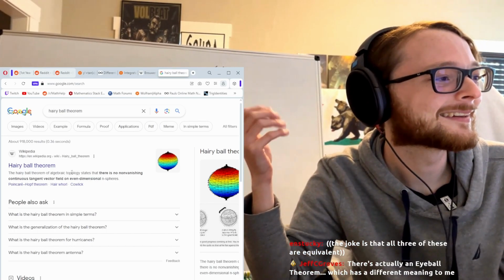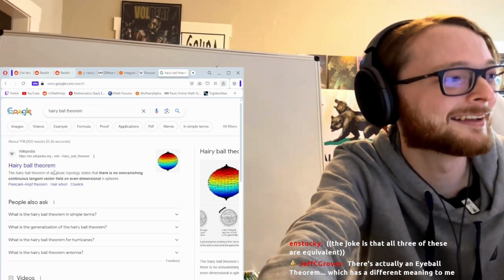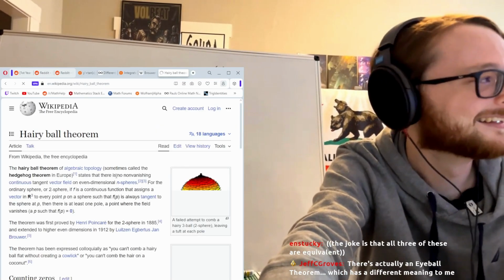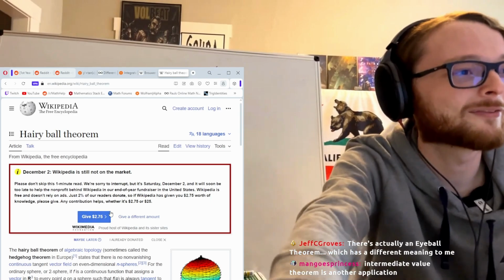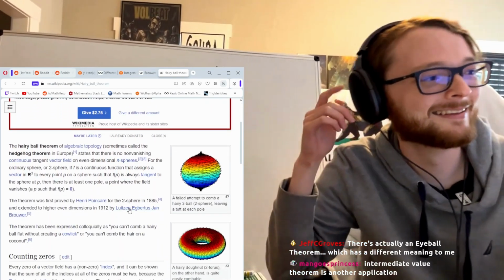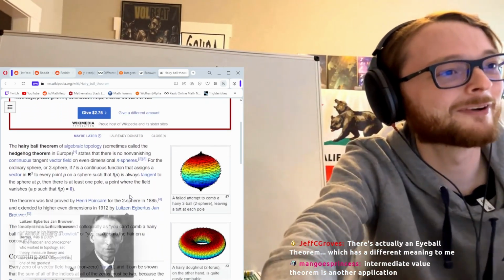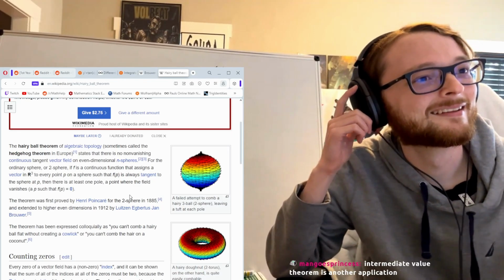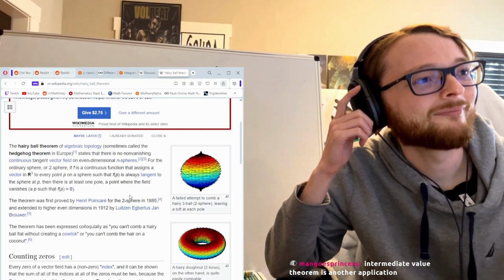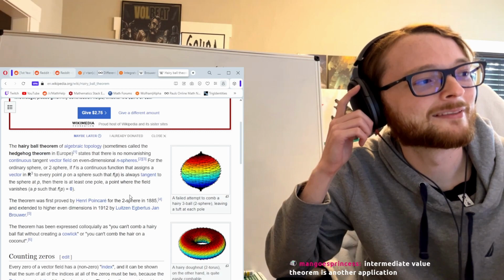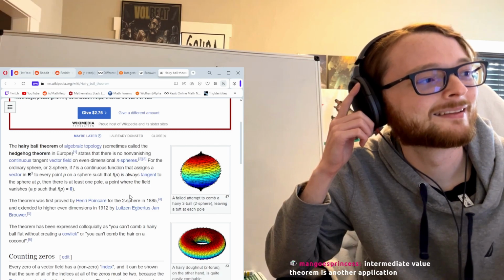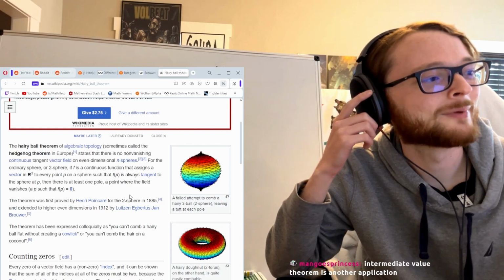Spurners? Got balls, we got sperm, we got... Yeah, at least they're having fun with the naming. An eyeball theorem. Intermediate value theorem. Oh, okay.